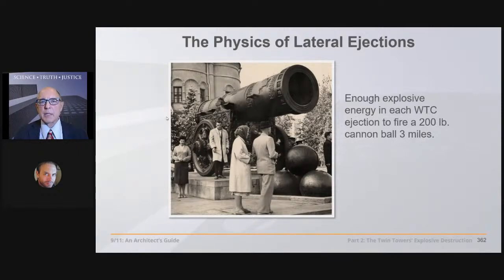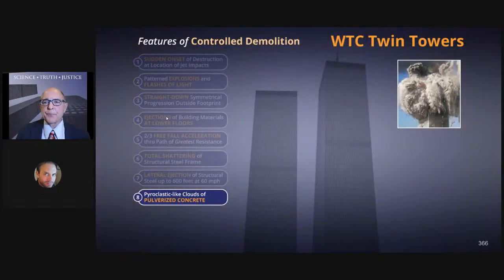There's thousands of these structural steel sections and beams and columns landing almost all outside the footprint of the building, as you'll see, because we're missing some floors here. This is essentially a pancaking collapse.